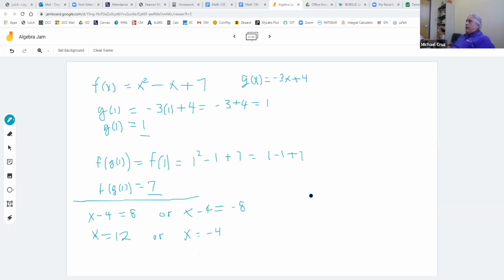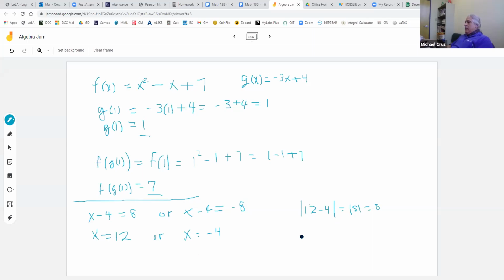Because if we've got the absolute value, 12 minus 4 is equal to the absolute value of 8, which is equal to 8.